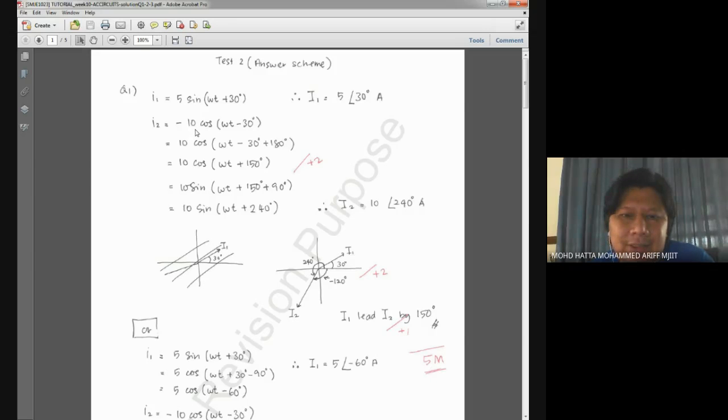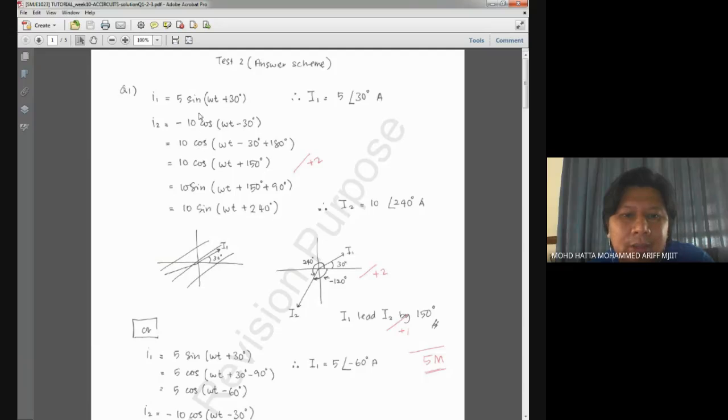All right, the strategy here is that we try to write down both sinusoid equations in a similar form. The top answer that you see here is that we convert I2 in terms of sine, so both sinusoids I1 and I2 will be in the same form.